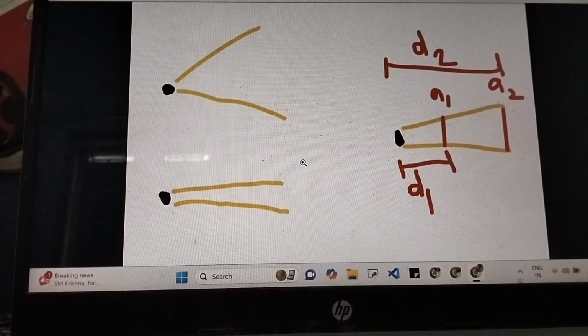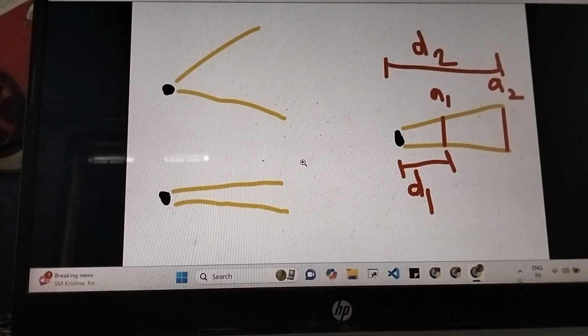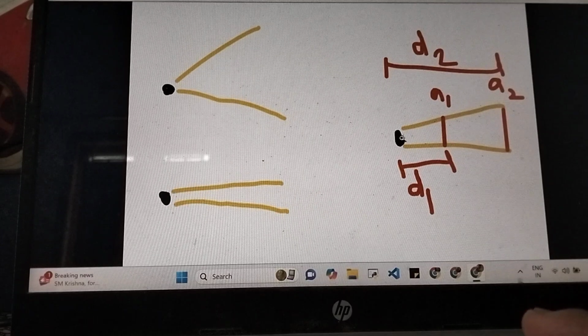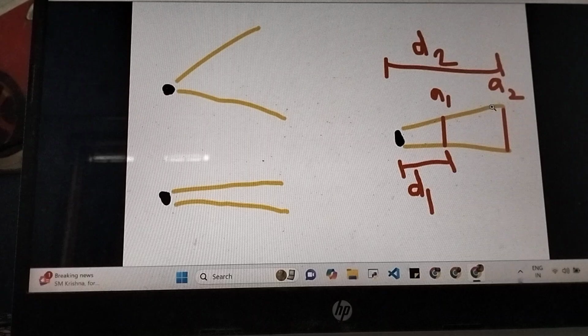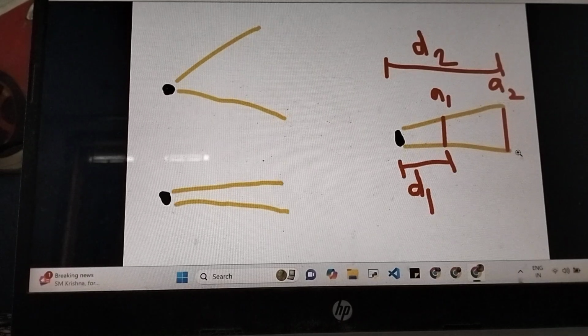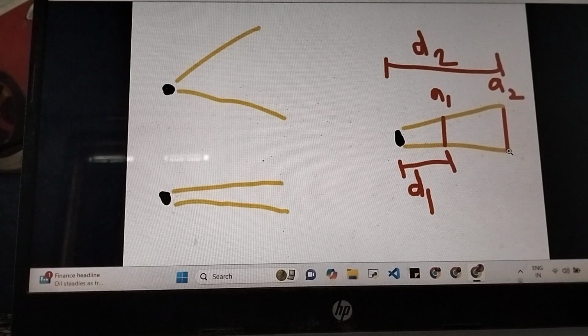That's it. Again, to develop a quantitative measure, a numeric way to measure this, we talk about the angle. Let's say again, this is my light source. This is the topmost ray of light it emits, and this is the bottommost ray. I take two points at distances d1 and d2 from the source.